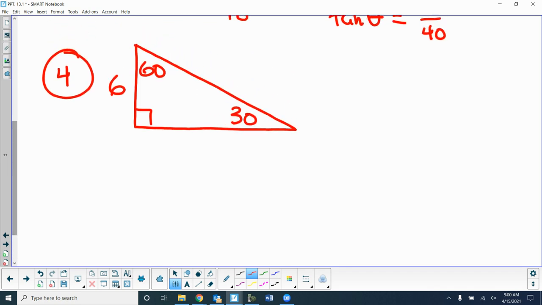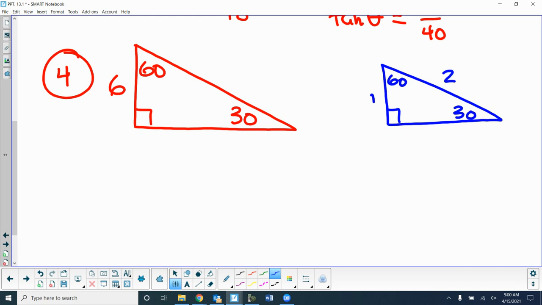Here's what I told you yesterday about a 30, 60, 90. The short leg, I would make 1. The hypotenuse is always twice as long, so I make it 2. The long leg is always the short leg times the square root of 3, or just the square root of 3. Okay?